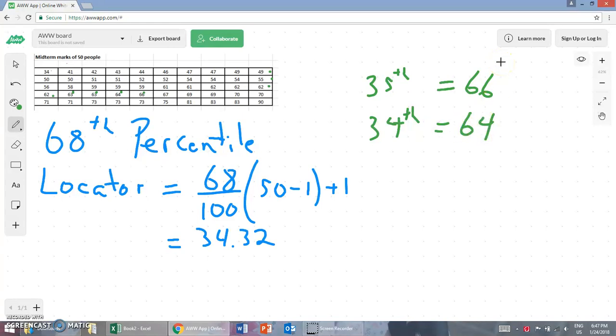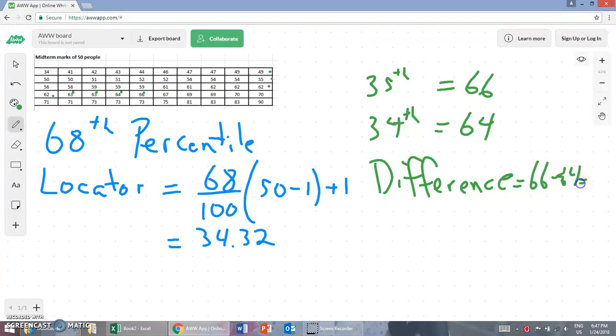Then we need to calculate the difference between those values in those locations. The difference, 66 minus 64, equals 2. So that's our difference.